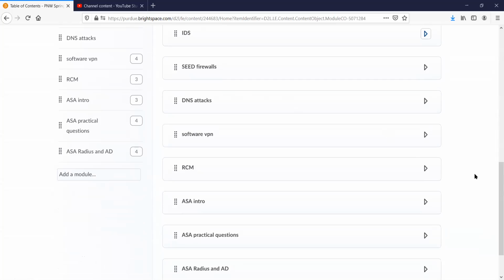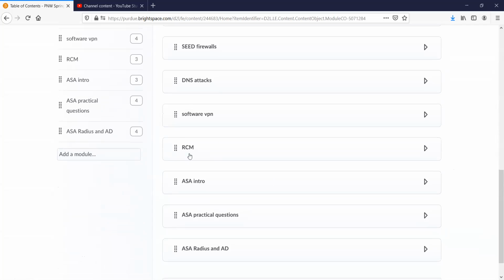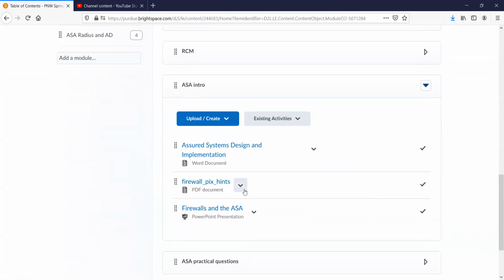And these are labs. So we still have to do, this is a lab, this is a lab, this is a lab, this is a lab. This is the RCM thing that I was talking about. But these three things that you see here are what you can use as reference for this project, okay? So you can see here, there's more information about firewalls, okay?